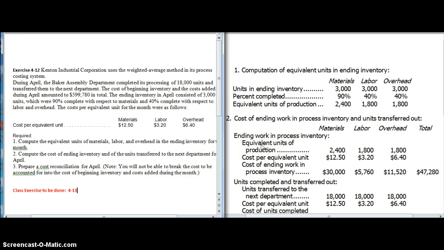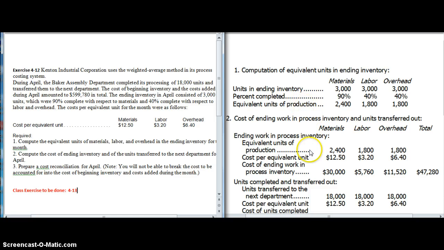To calculate it, you need two things: the equivalent units of production in the ending inventory and the cost per equivalent unit. Since the question asks for the cost of ending inventory, they are asking for total cost. So you need the cost per equivalent unit and the equivalent units of production, which you have already computed under question 1.